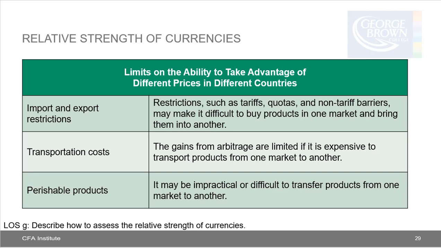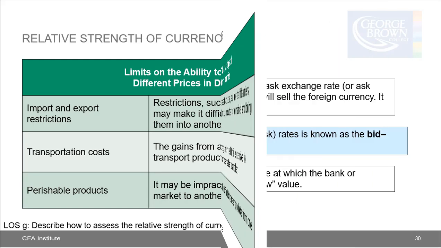Another thing is transportation costs. The gains from arbitrage, that's riskless profit, are limited if it is expensive to transport products from one market to another. That'll increase the cost. And finally, looking at perishable products, it may be impractical or difficult to transfer products from one market to another.